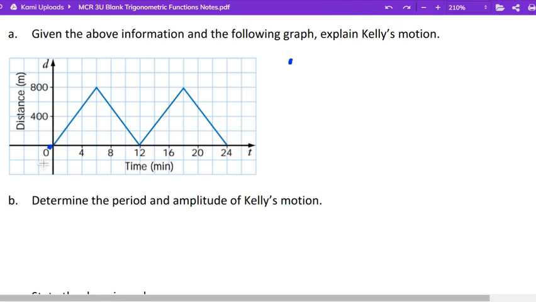Okay, let's say she runs to the end of the boardwalk, which is 800 meters. Okay, that is this part. So she ran to the end of the boardwalk. If she took a break for 2 minutes, we would have a straight line, 4-minute break, like this or whatever, right? So that's what the break is.